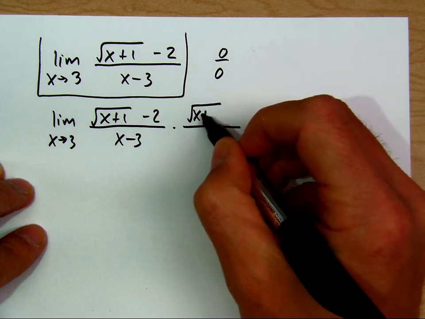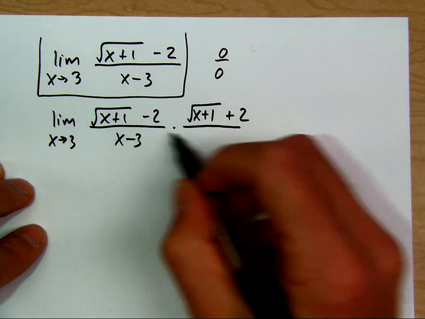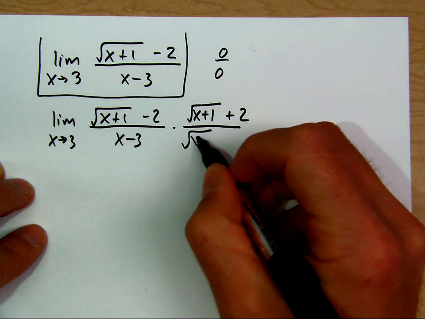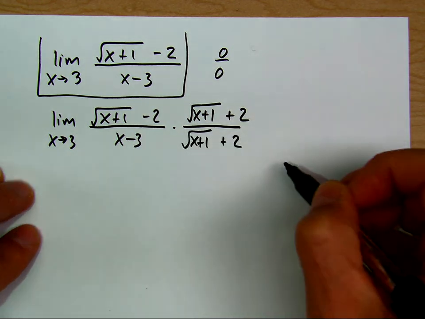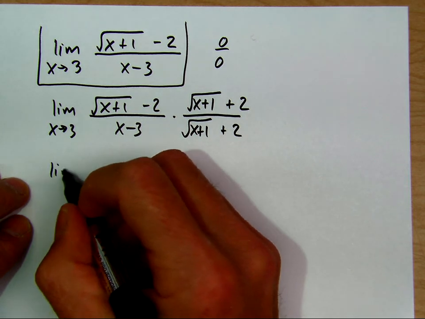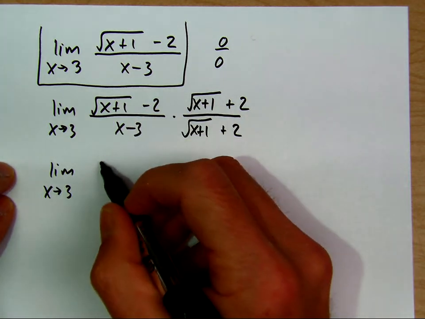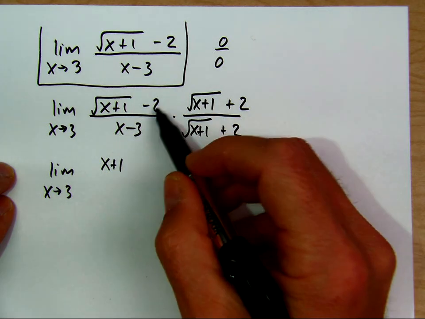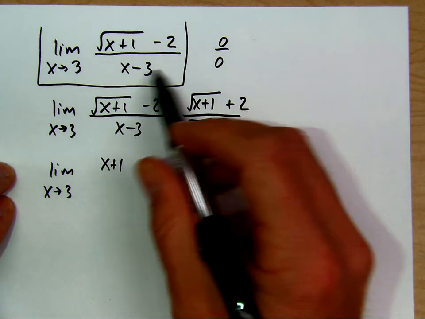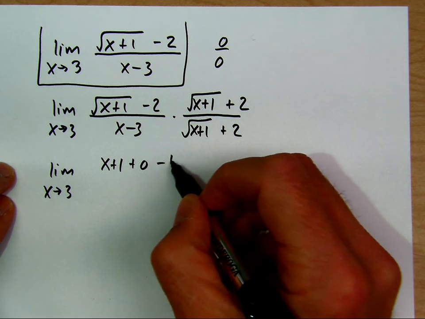We don't change this operation, we change this operation, change that, and that's what creates the cancellation in the numerator. So we have radical times radical, we have a negative 2 radical, a positive 2 radical, that's 0, and then minus 4.